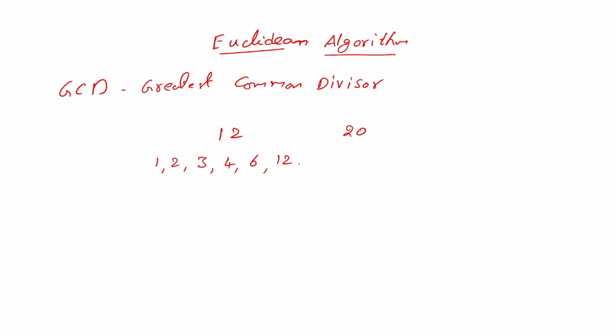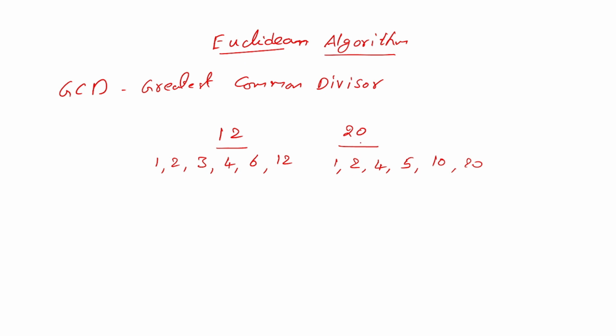These are the divisors of 12. 1 can divide 12, 2 can divide 12, 3, 4, 6 and 12. And what are the divisors of 20? 1, 2, 4, 5, 10 and 20. These are the divisors of 20.